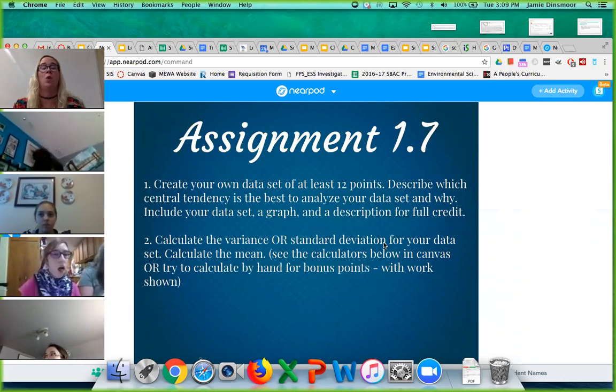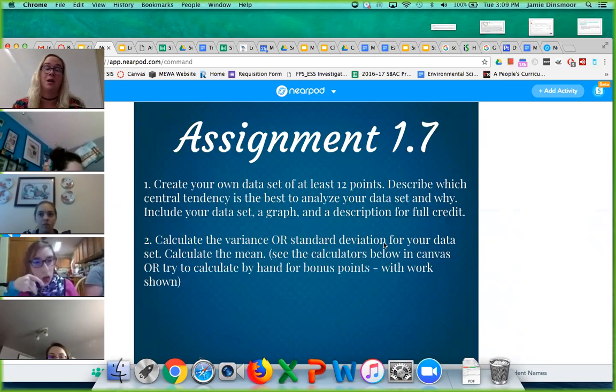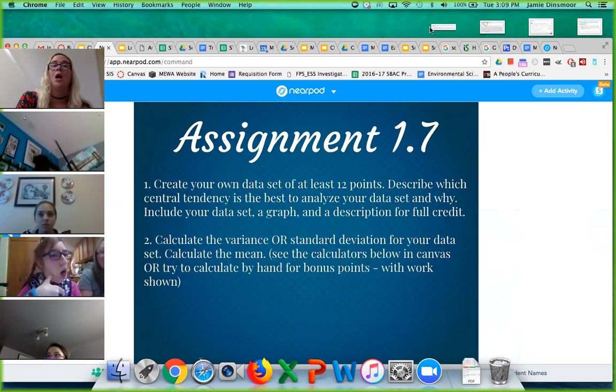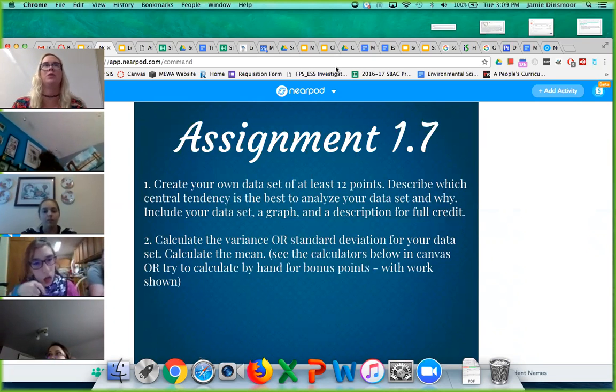Maybe your data isn't well represented by the mean or anything. That's also possible. Okay, so really the main points of today were for you to understand, right? Part of being a scientist is figuring out how to represent your data so that 1, people can understand it, and 2, it actually shows what your data is doing, right? You don't want to say the average of something is this, and then that doesn't tell you anything about your data.